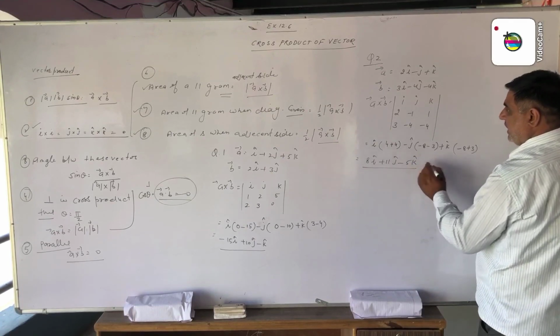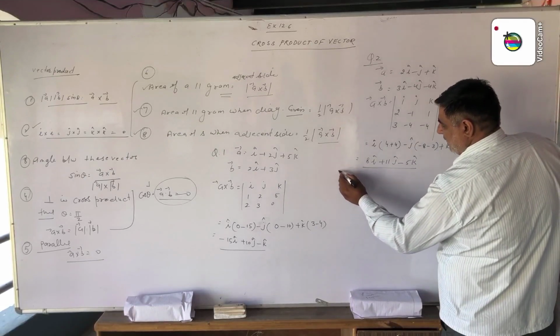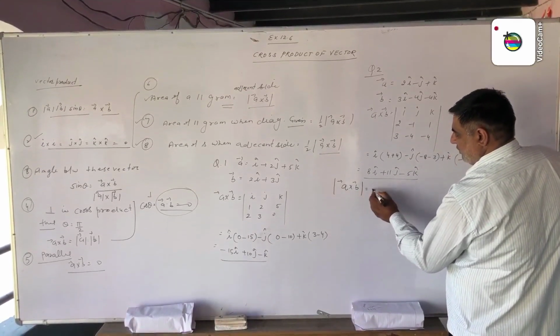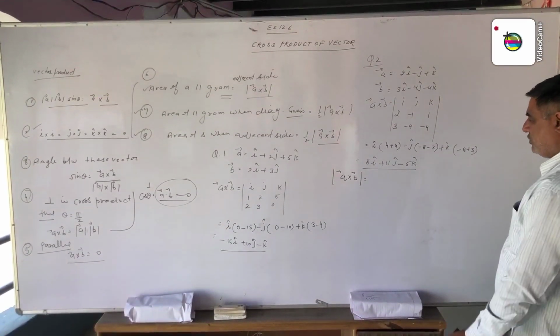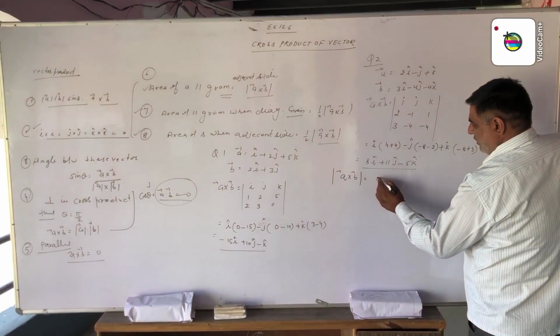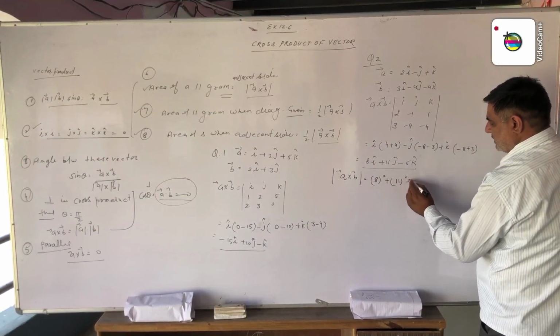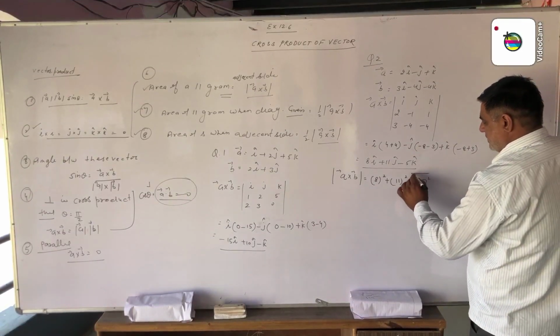It is the A cross B. The magnitude of this vector A cross B, we have already discussed the magnitude of these vectors. So the magnitude of a vector is the square root of the component of i squared plus the component of j squared plus the component of k squared, with the negative sign under the square root.